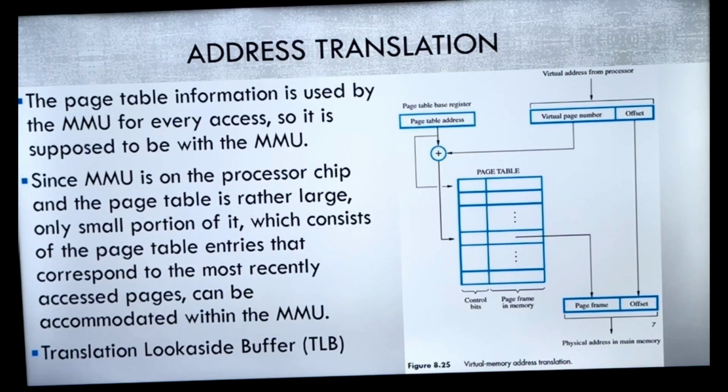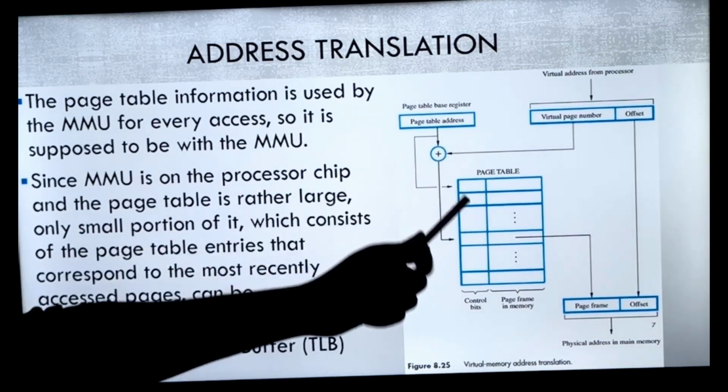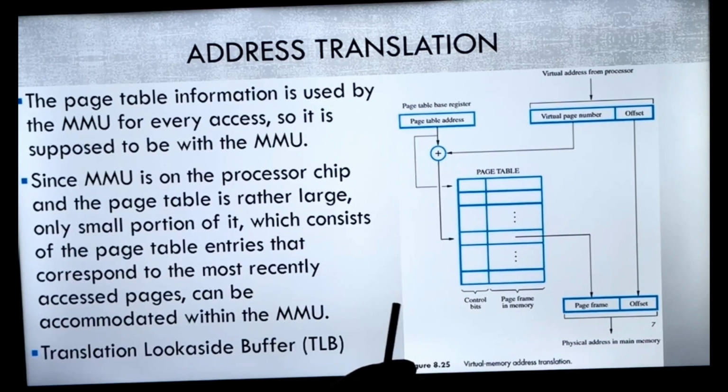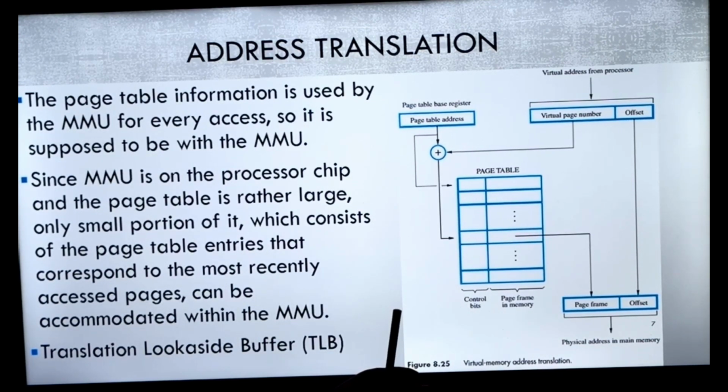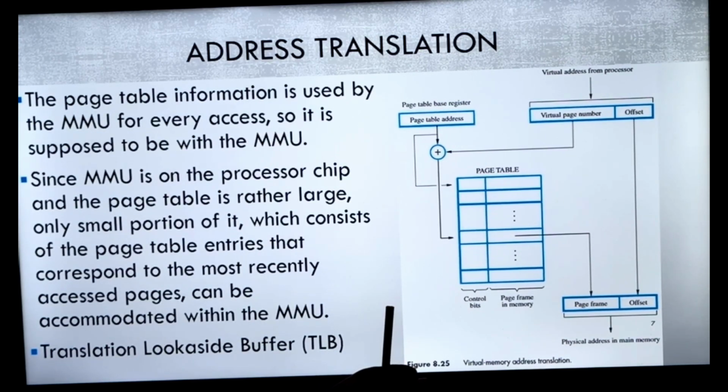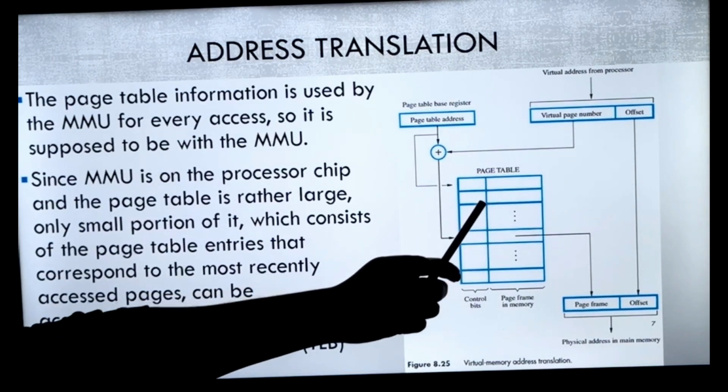Now the problem is, I'm talking about only one game or one program you are running. At the same time, you can run n number of programs, maybe 3-4 games or movies you are playing, so many things you are running, and everyone is using some virtual addresses and virtual memory. Now there is a problem. How will I get the correct page table?